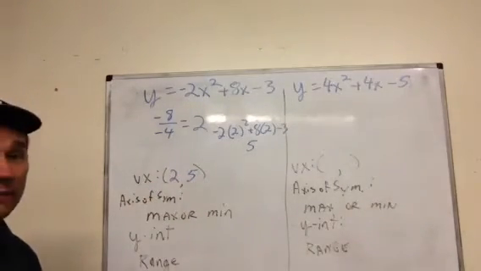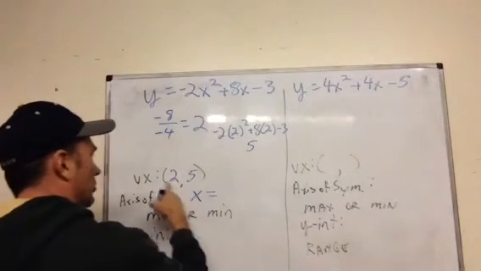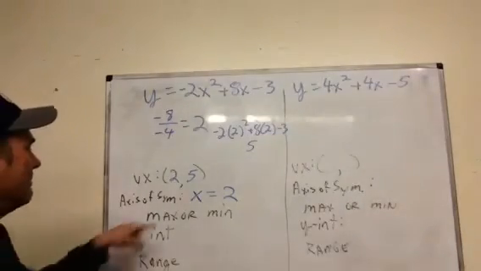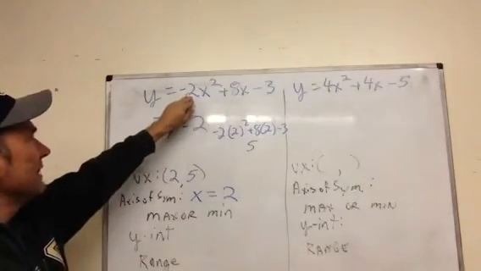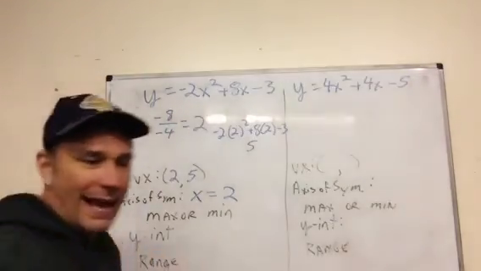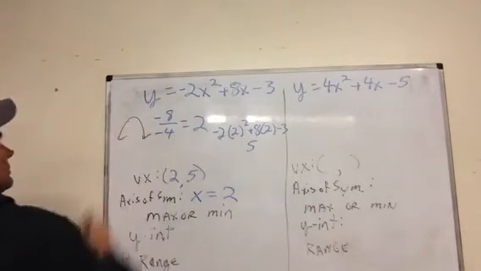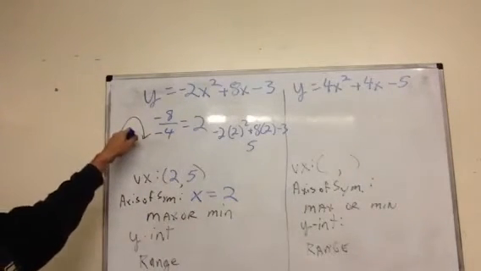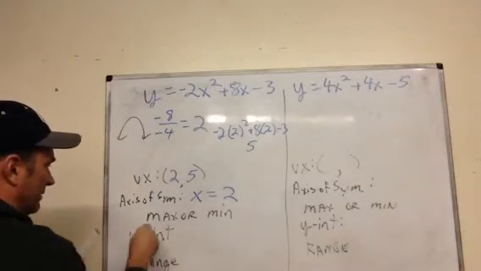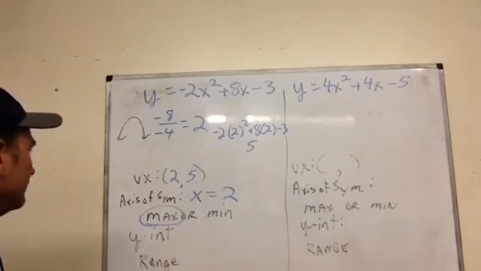Here's all the information we need. Vertex is 2, 5. Axis of symmetry, remember, it's x equals our x value, so it's 2. Now we come back to maximum or minimum point. The a value is a negative value. It helps to do a little sketch on the side. I know it's going to be this because it's opening down. This helps me see that I have a maximum point.